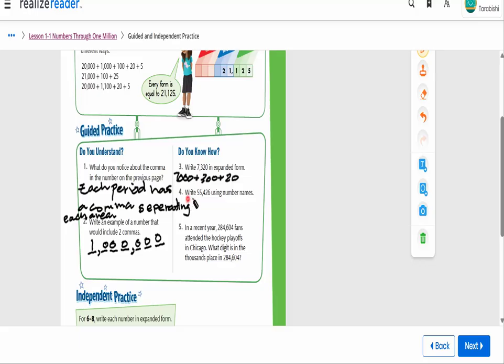For number four, it says write 55,426 using number names. That just means that you're writing it out. So here, yes, I ran out of space a little bit, but it can still be tried. So let's go ahead and try it out. Fifty-five thousand.